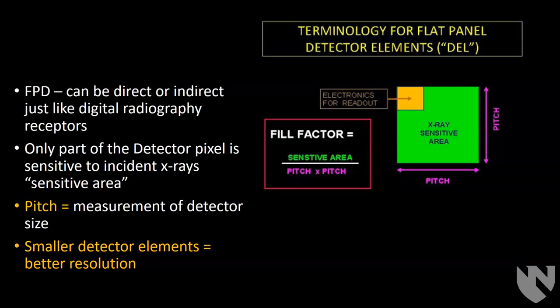The pitch is the measurement of the detector size. So the smaller the detector elements, the better the resolution. But again, you have to trade off with those electronics, because as you make your pixel smaller, then the electronics take up proportionally a larger amount of the pixel, and so you're less sensitive to X-rays.